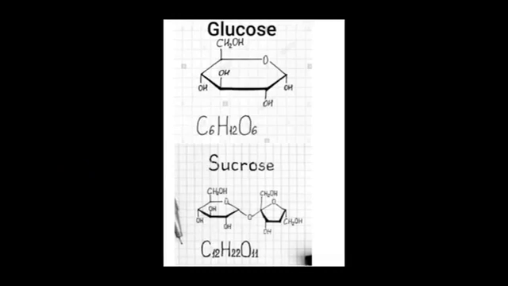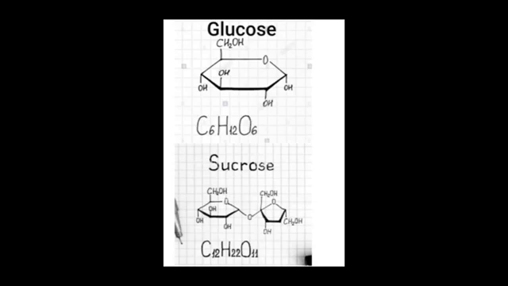C6H12O6. In glucose, the ratio of carbon, hydrogen, and oxygen atoms is 6:12:6. If we simplify the ratio, we will be getting 1:2:1, which is a simple whole number ratio. The chemical formula of sucrose is C12H22O11.